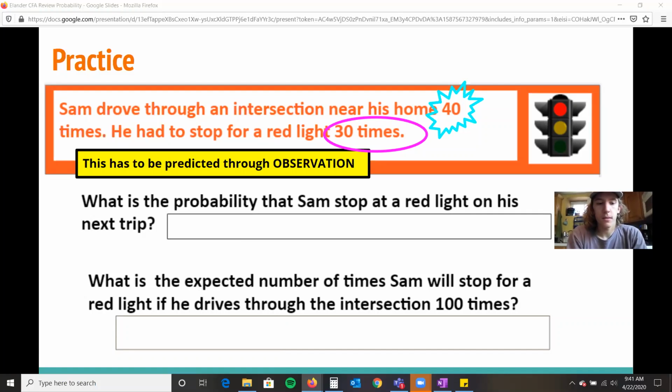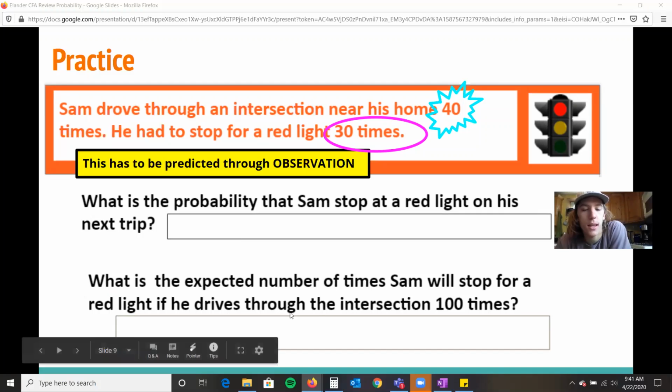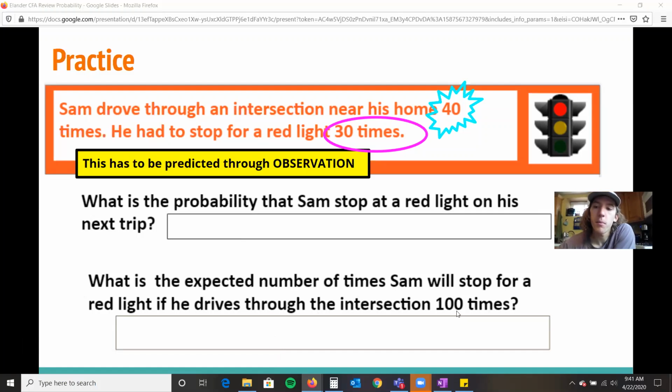Or 75%. That's all the same way of saying the same thing. So based on that, what is the expected number of times Sam will stop for a red light if he drives through the intersection 100 times? When you get your answer, go ahead and post it. You guys are doing so well. Good job.